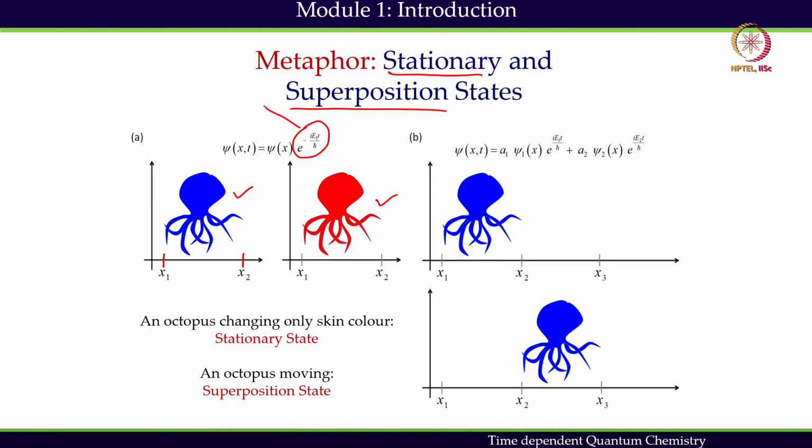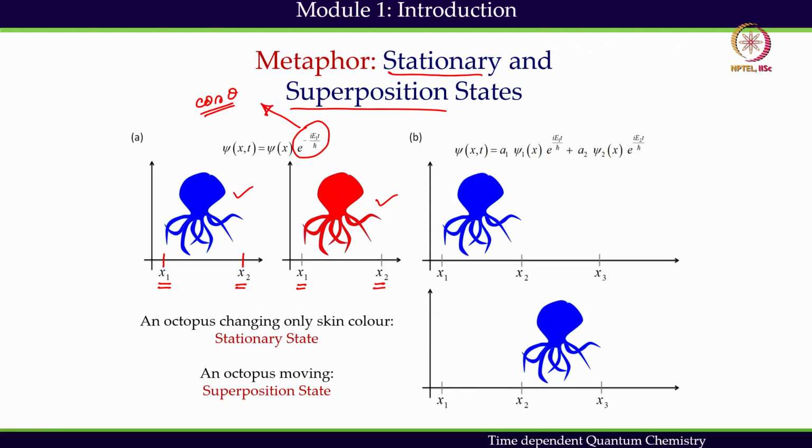This is a complex representation of an oscillatory part, which is nothing but a cos theta kind of function in a real sense. So when I say stationary state, it means that the octopus is changing color while staying in the same position between x1 and x2. Here also you see it's staying in the same position, and that's called a stationary state.